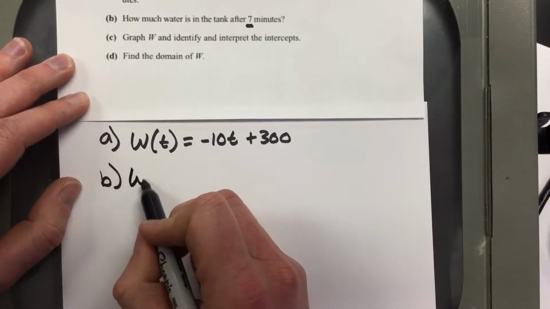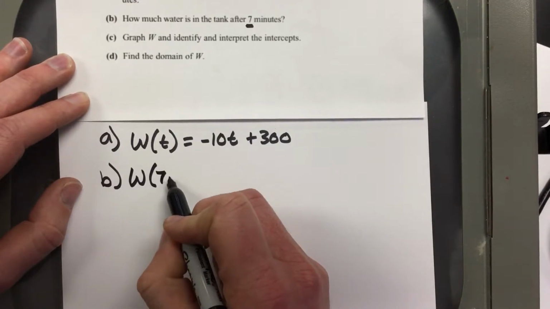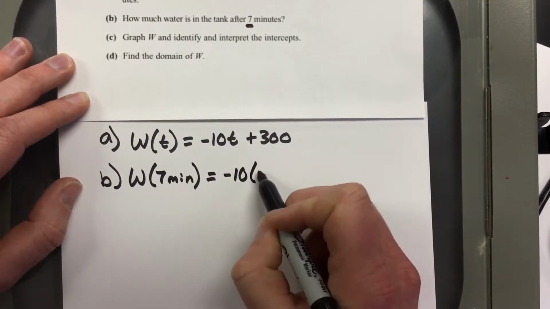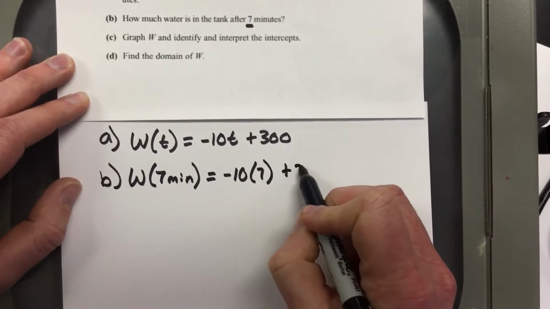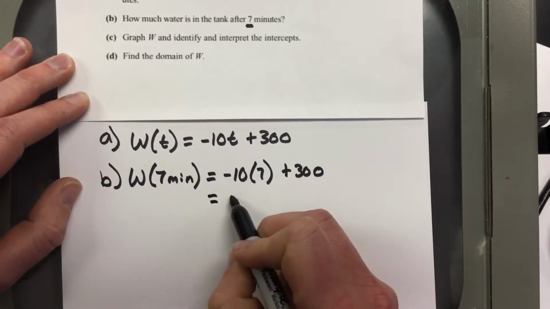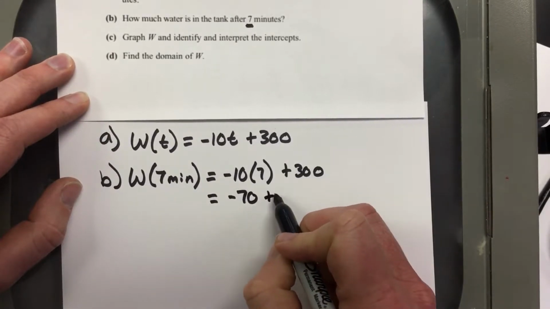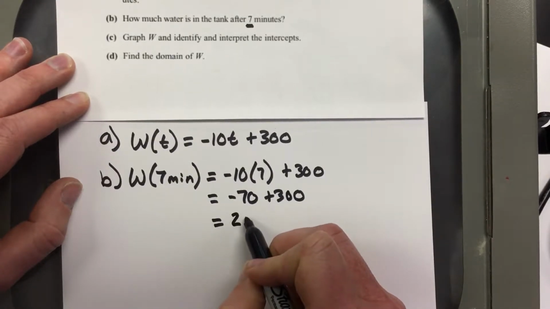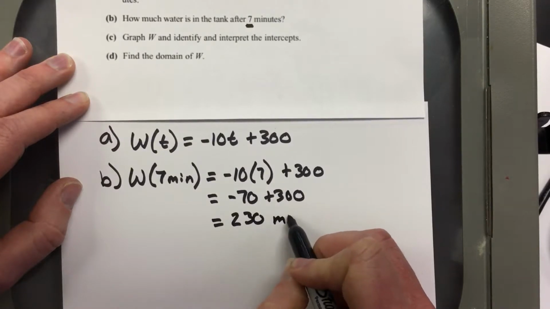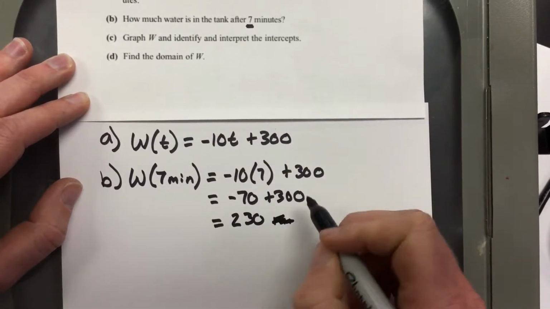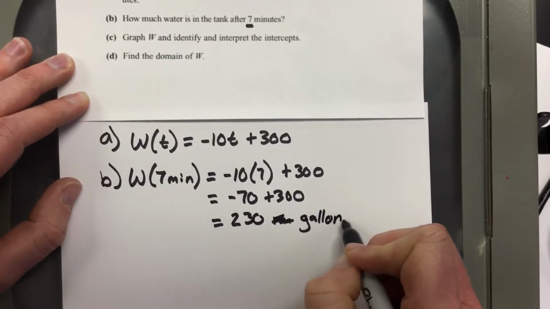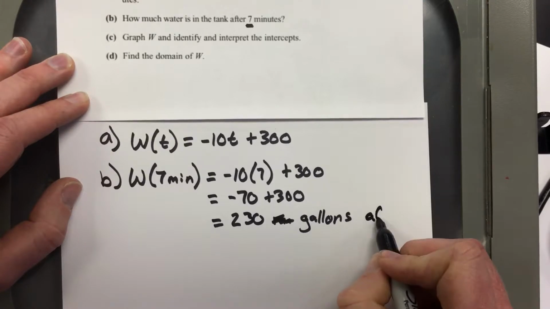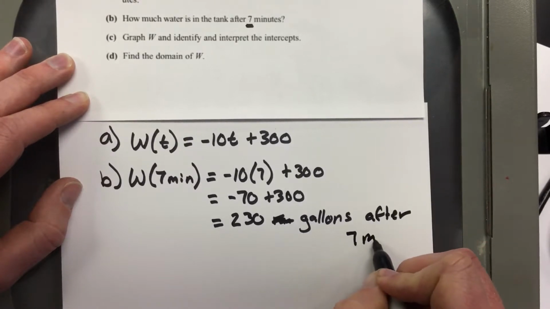We're going to say the water with an input of 7 minutes equals negative 10 times 7 plus 300, which gives negative 70 plus 300, which means it's going to be 230 gallons. How much water is in the tank after 7 minutes? 230 gallons after 7 minutes.